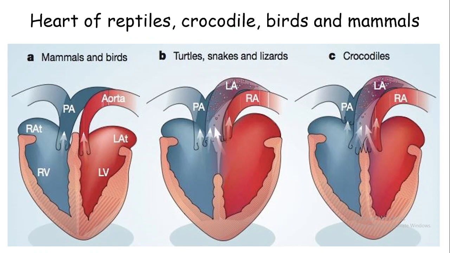Coming to the next one, types of heart in reptiles, crocodiles, birds and mammals. You may wonder why the crocodile has been given separately when it is actually a reptile. The crocodile is an exception when it comes to hearts.